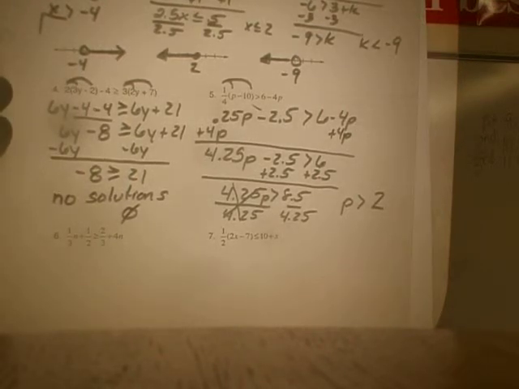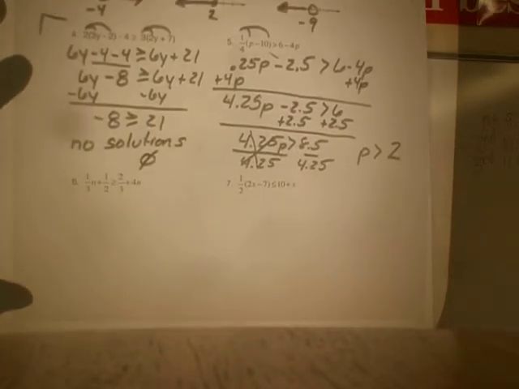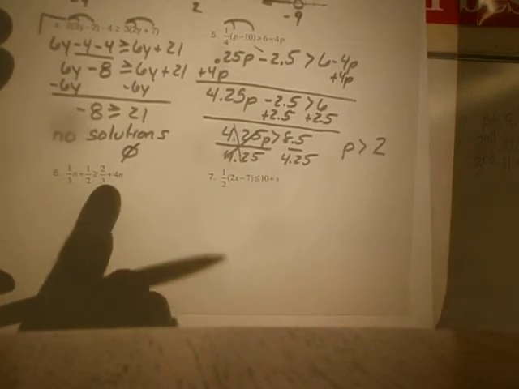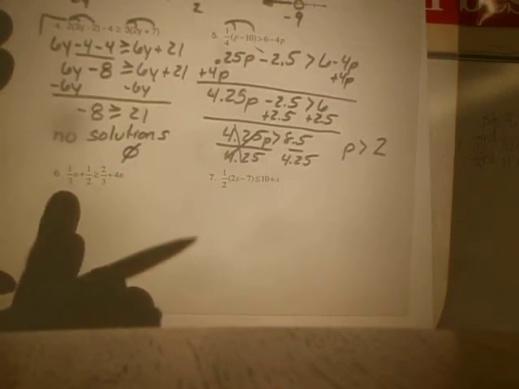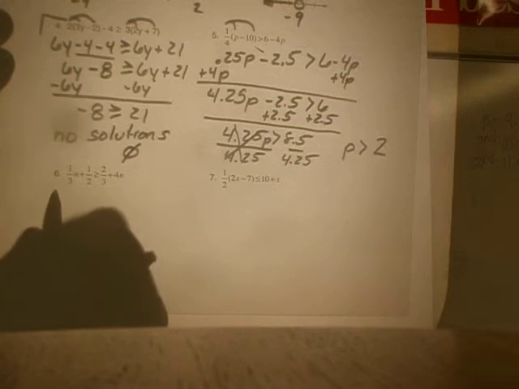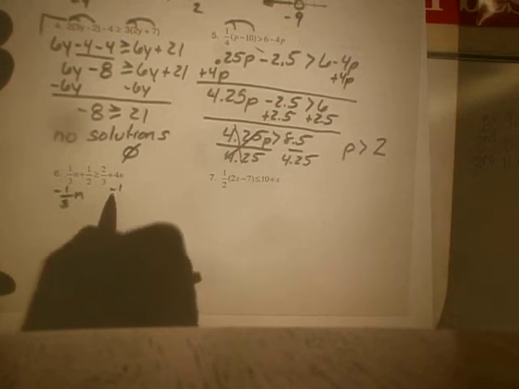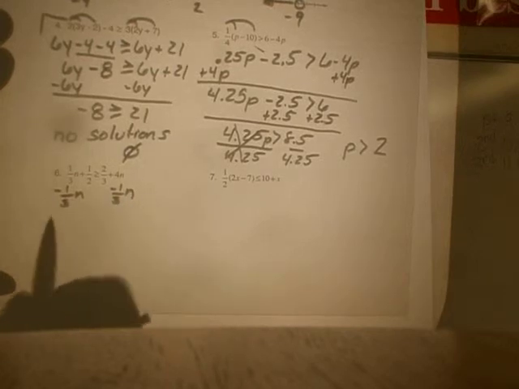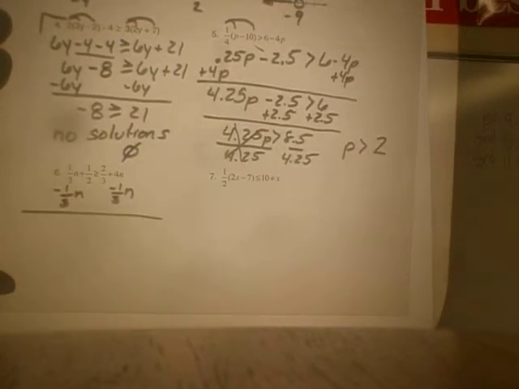Number 6, let's start with our variables. 4n and a 1/3 n. So we are going to subtract 1/3 n from both sides. And if you want to write that as a decimal, it's fine. That's 0.3 repeating.